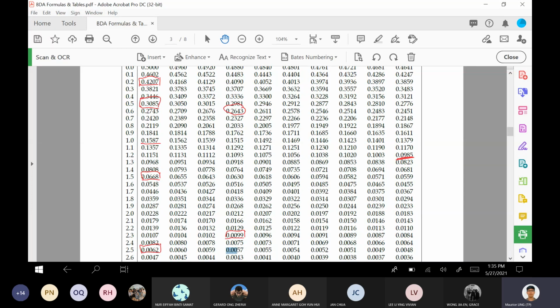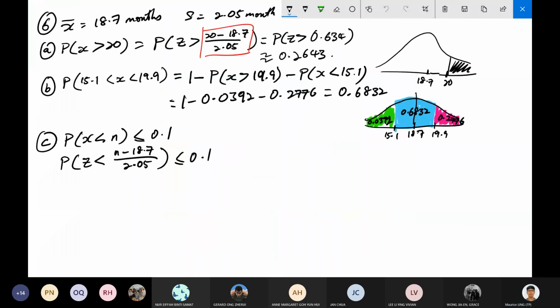Okay, so essentially, n minus 18.7 over 2.05 is actually less than minus 1.29. Then you calculate.